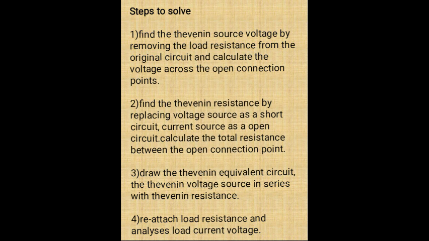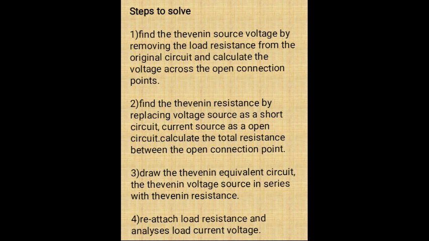Step 3. Draw the Thevenin equivalent circuit: the Thevenin voltage source in series with Thevenin resistance. Now we have found RTH and VTH, so we will draw the Thevenin equivalent circuit which has a voltage source, that is VTH, and series resistance, that is RTH.